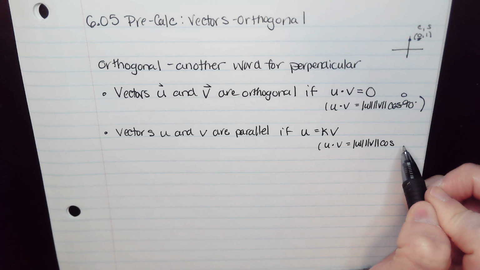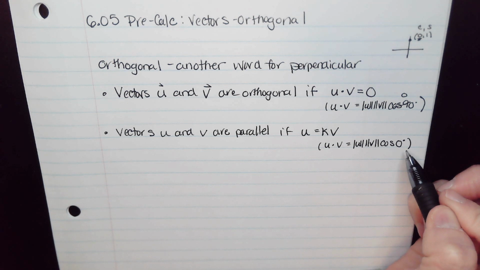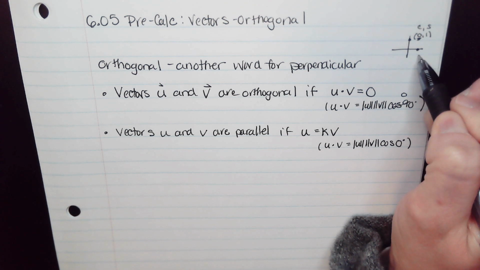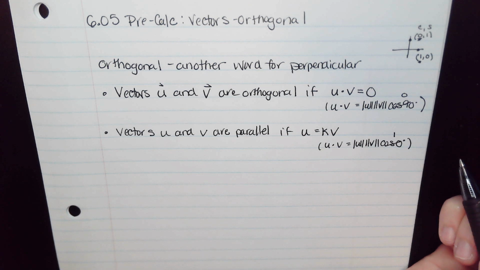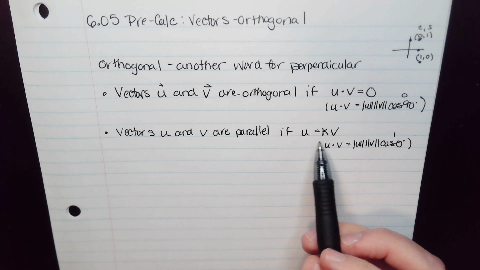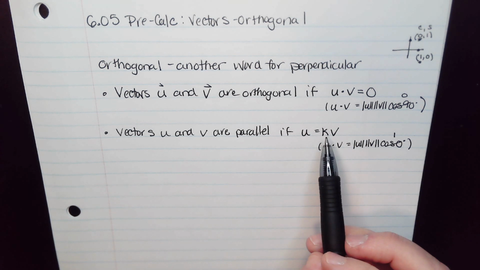So if we have them parallel to each other, then they'd have an angle of 0 degrees. And 0 degrees has the ordered pair 1, 0. So the cosine is 1. So we're just taking one vector and multiplying it by something else. This one's a little more self-explanatory.